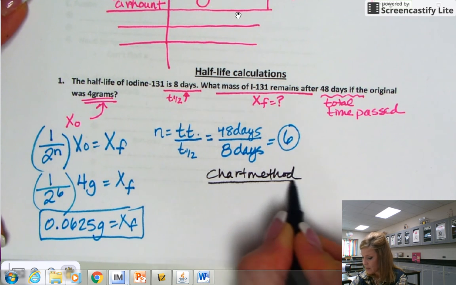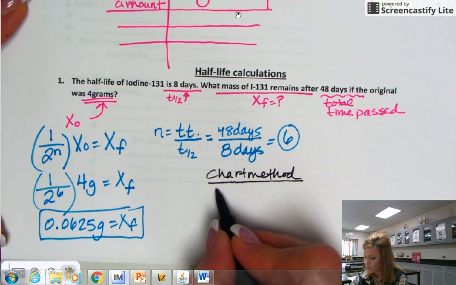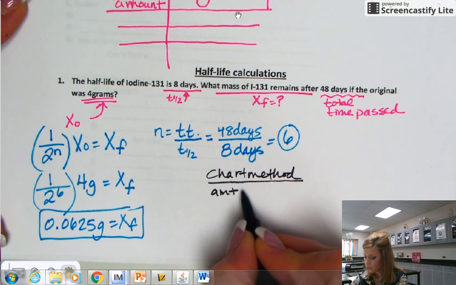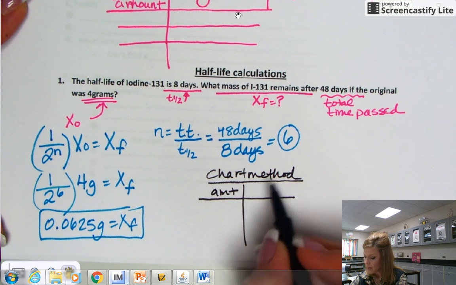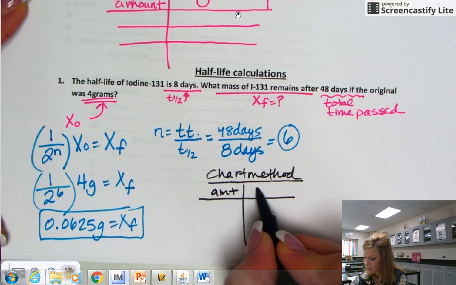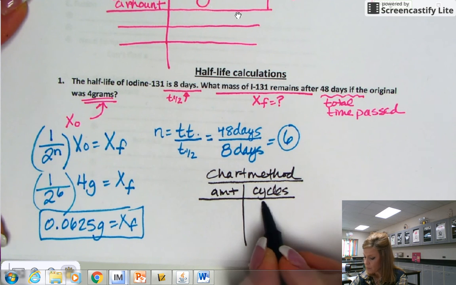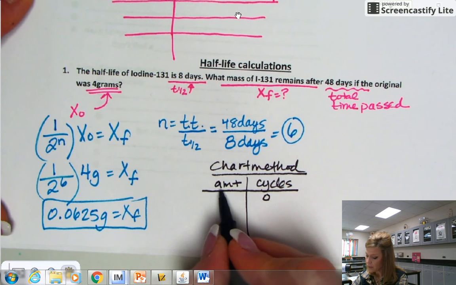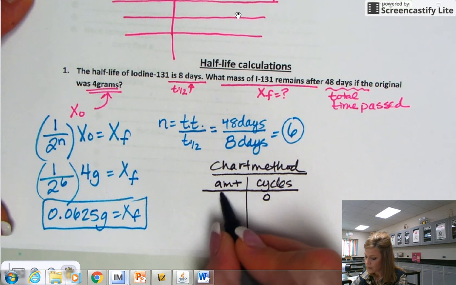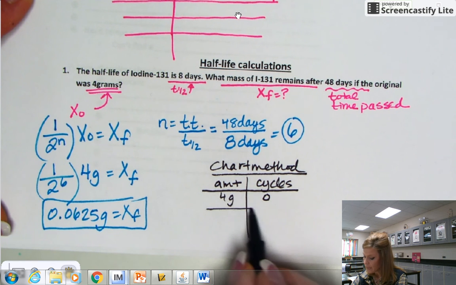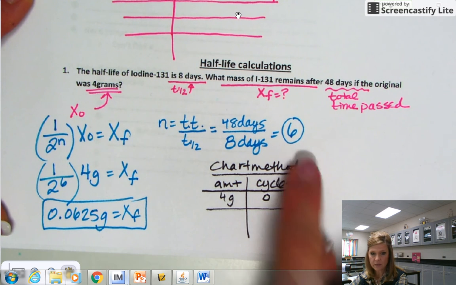Okay. Now, with the chart method, you're going to start off, remember, at the top is your amount in your first column. And then I'm going to do cycles. Remember, your first cycle is always 0, and in this problem, the initial amount was 4 grams. Now, in this case, we figured out that 6 cycles had passed.